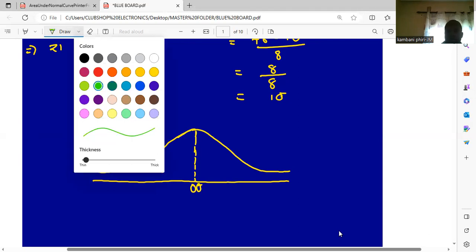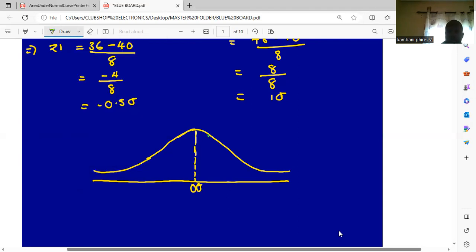So here we'll have plus 1 mu. Here you have got plus 2 mu. Then here you have plus 3 mu.